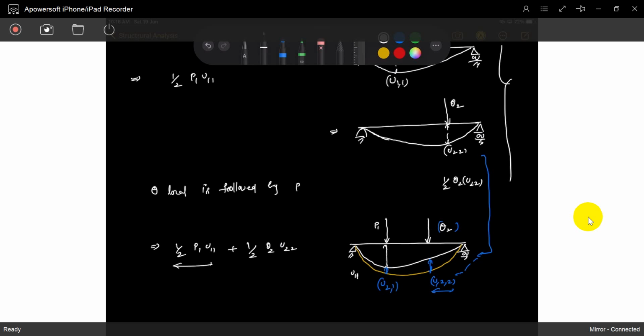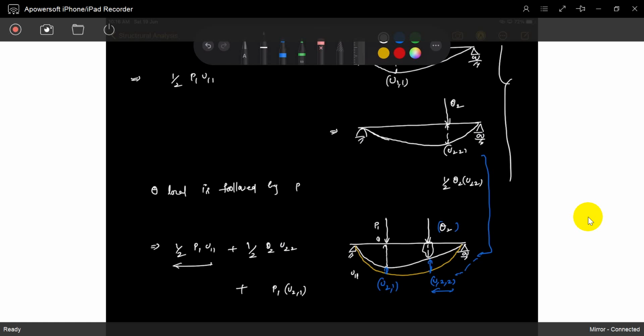In the direction of P1 some deformation has happened, and at that location the force is already there, so work done is automatically there. This is called virtual work done. So the work done is P1 into delta 12.